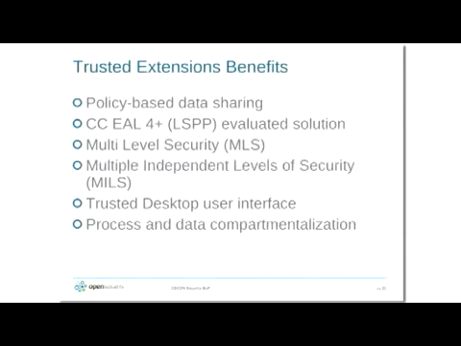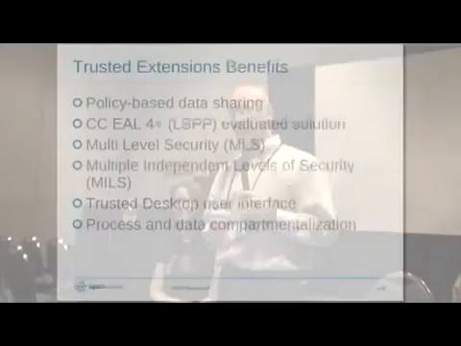Trusted Extensions has been evaluated by Common Criteria to conform to the Labeled Security Protection Profile. It implements both a multi-level secure policy and another policy sometimes called MILS, or multiple independent levels of security, in which we can assure that information doesn't flow at all across those boundaries.